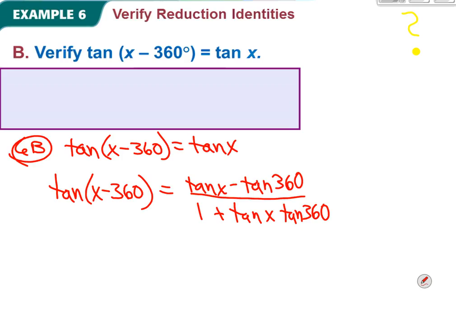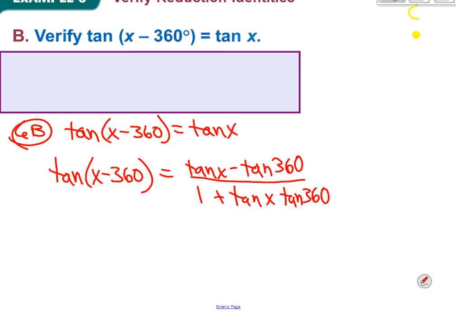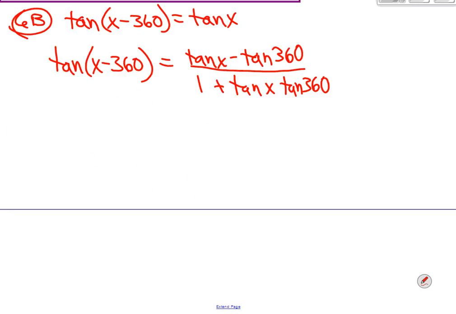And we want to end up with tangent, so we know something should be dropping out as we go through this. So tangent of 360, here's how I would think of that. Since it's not on my 0 to 90 table, I would think that really if I go 360, am I at 0 degrees?